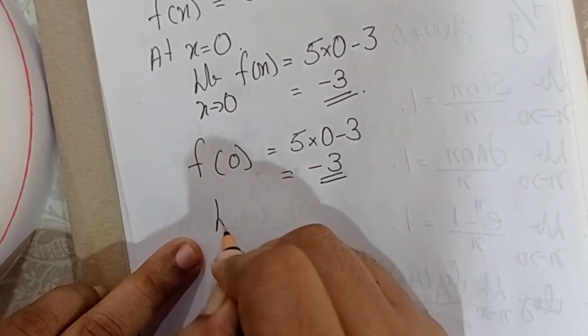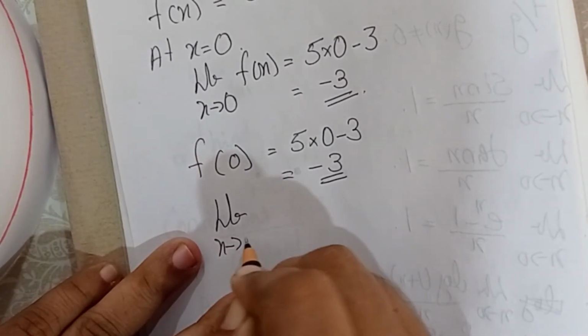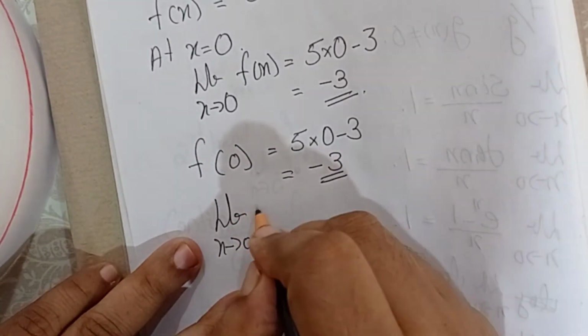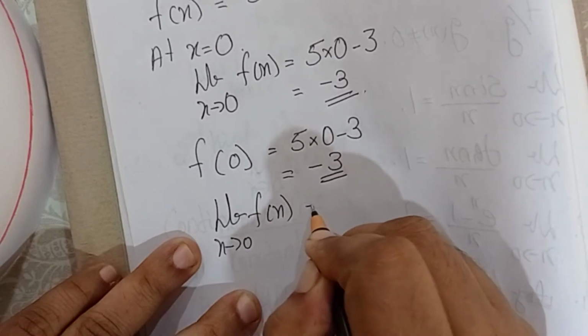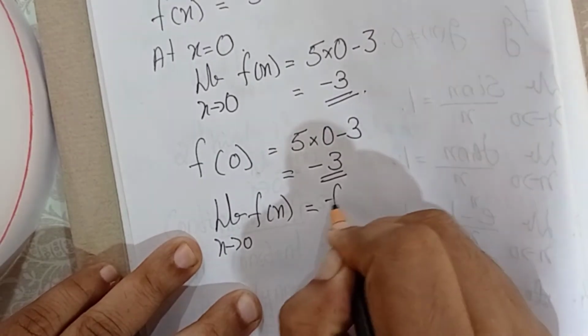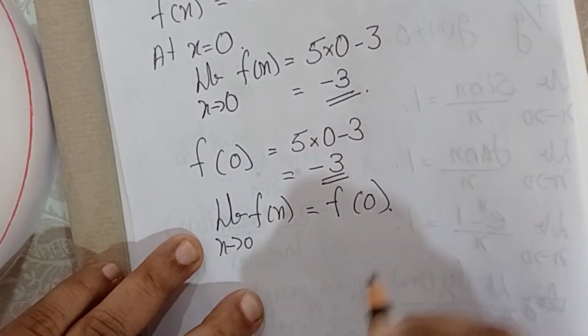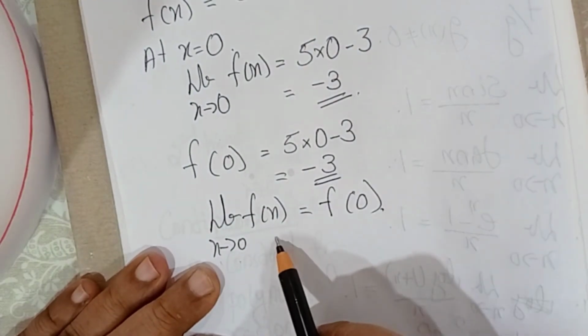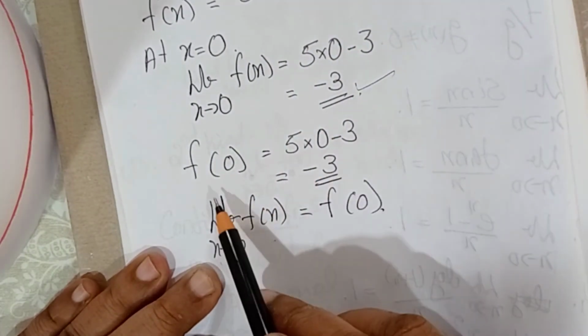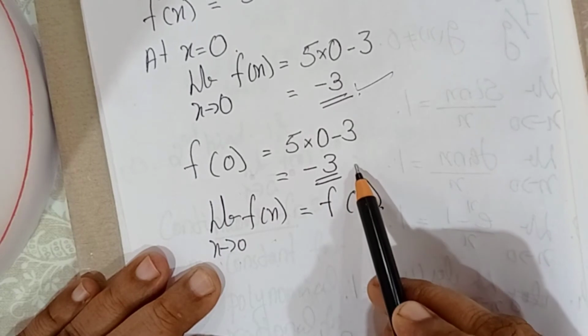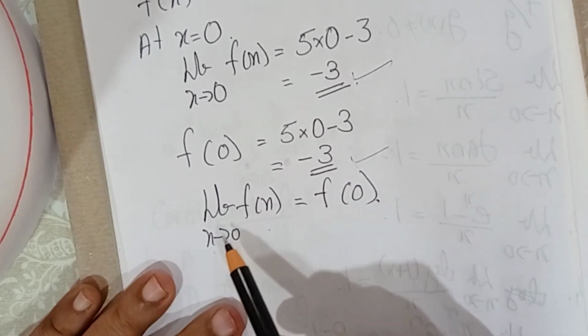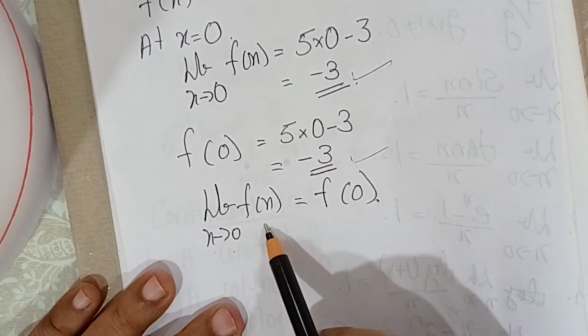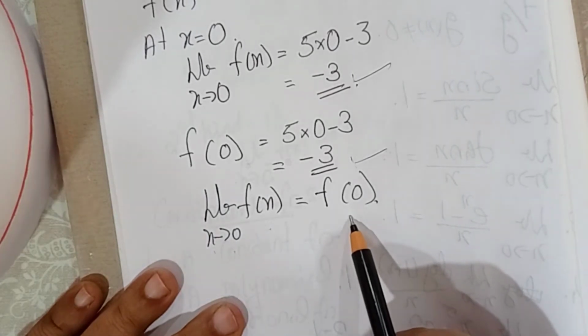Therefore, we can say that limit x tends to 0 f(x) is equal to f(0). Limit x tends to 0 f(x) is the value minus 3. Direct f(0) is also minus 3. Therefore, below write limit x tends to 0 f(x) equal to f(0).